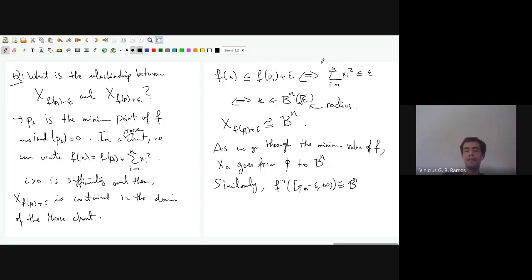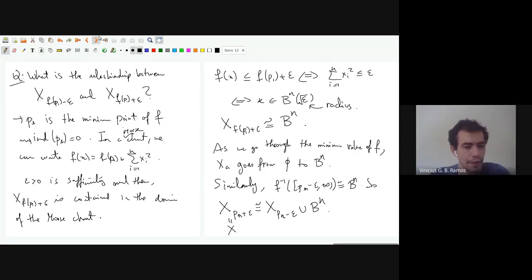So this means that X of pm plus epsilon, which is just your X, is diffeomorphic to X of pm minus epsilon union some ball. Of course there is some kind of gluing here. You're gluing the boundary of the ball to the boundary of X of pm minus epsilon. But anyway, that's what it is.